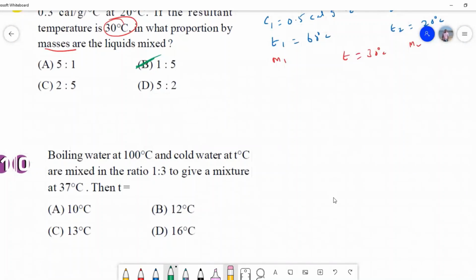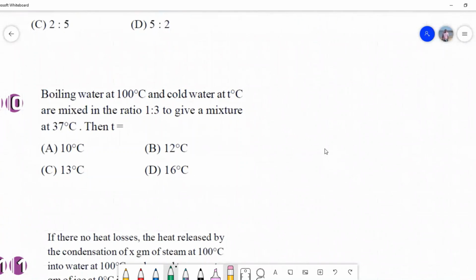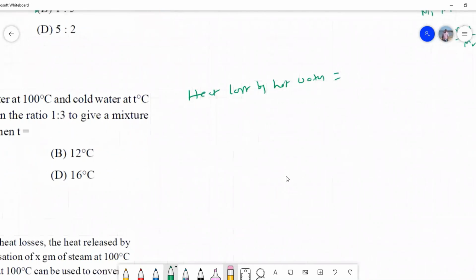Now let's move on to problem number 10. Boiling water at 100 degrees centigrade and cold water at 3 degrees centigrade are mixed in the ratio 1:3 to give a mixture of 37 degrees centigrade. Then same logic. So let us equate heat lost by hot water is equal to heat gained by cold water.